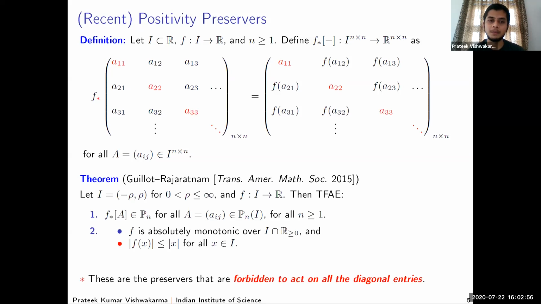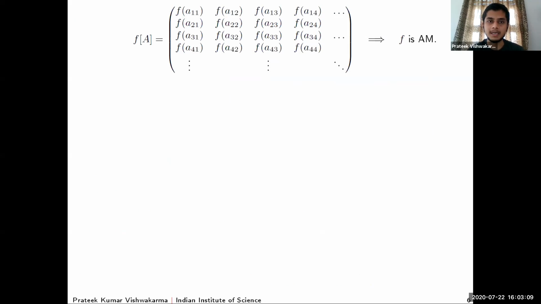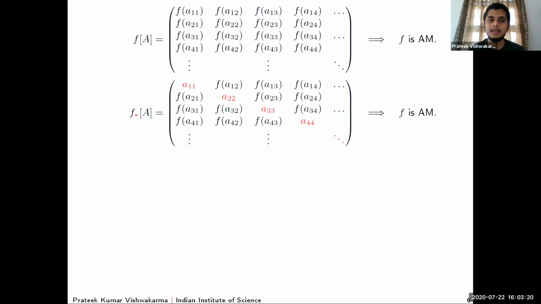This classification was obtained by Guillot and Rajaratnam in 2015, in which they showed that such entry-wise positivity preservers are those absolutely monotonic functions which are bounded above by the modulus function. To summarize, in the beginning, we saw the entry-wise positivity preservers which acted on all the entries of the matrices, and that they are all absolutely monotonic. Then we saw the entry-wise positivity preservers which acted on off-diagonal entries, and that they are also absolutely monotonic.